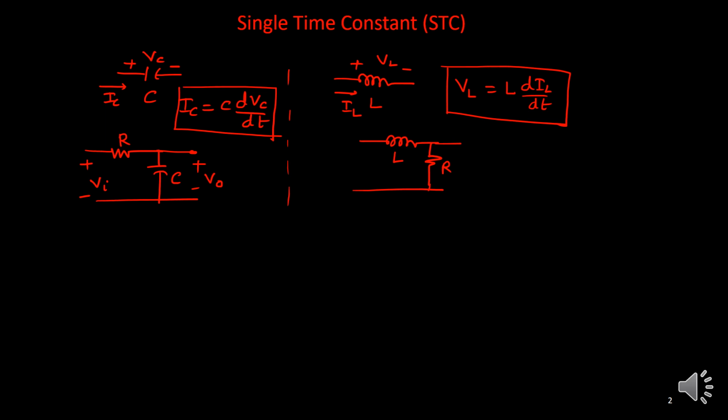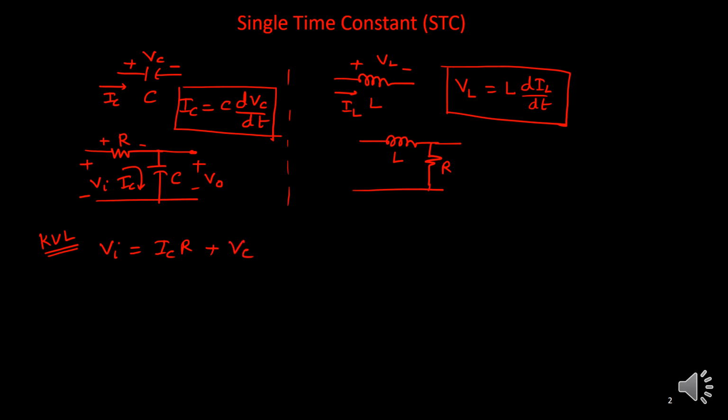Like in the first case, here I can find this current Ic. Now if I apply KVL, Kirchhoff's voltage law, then input voltage Vi equals the voltage drop across the resistance R, that is Ic times R, plus the voltage across the capacitor, that is V0 or Vc.